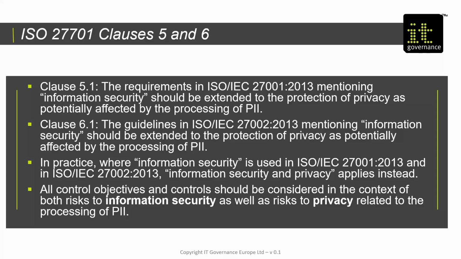Well, if you already have an existing ISMS in place, you need to consider all controls implemented to meet the obligations of Annex A 27001 and extend these controls if need be to ensure risks to privacy related to the processing of PI are addressed, as well as your information security risks.